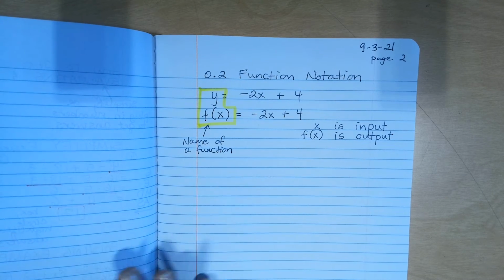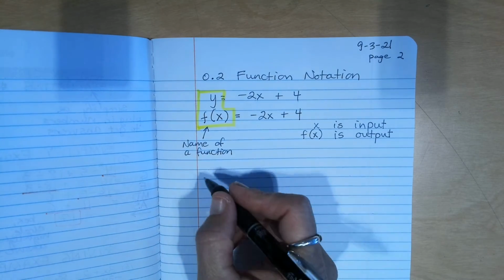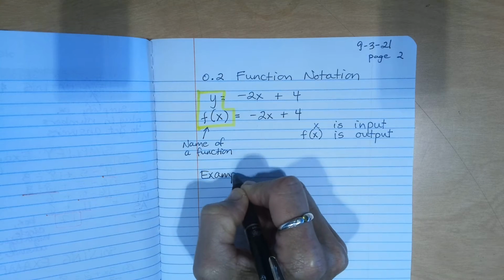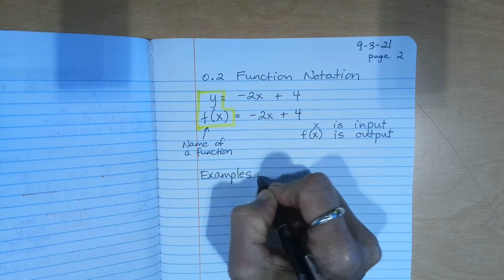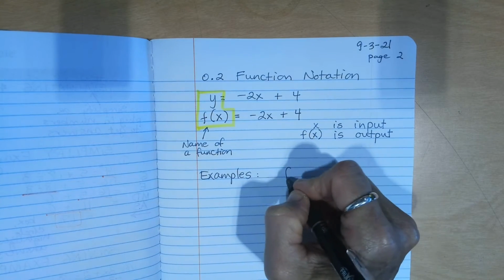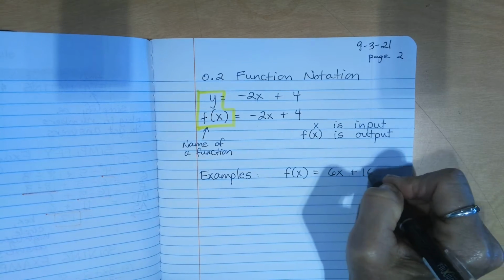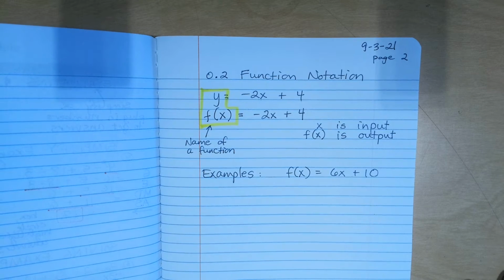Okay, so I'm going to give you 3 examples. We're going to start with one simple function of, let's say, f of x is equal to 6x plus 10. Okay, something basic.